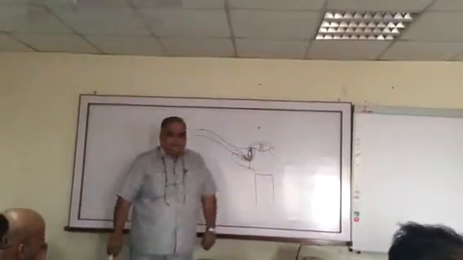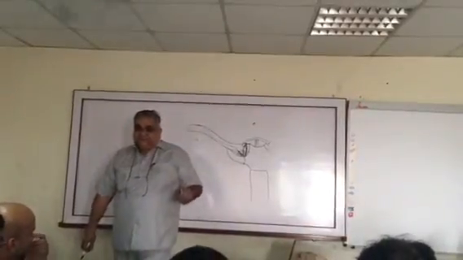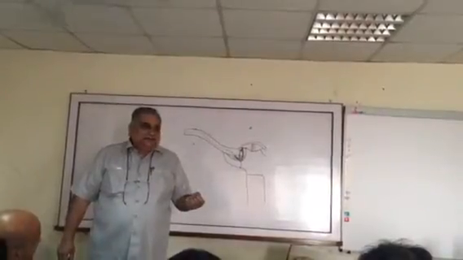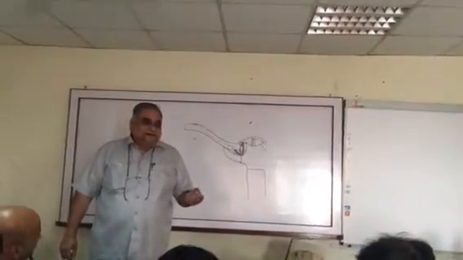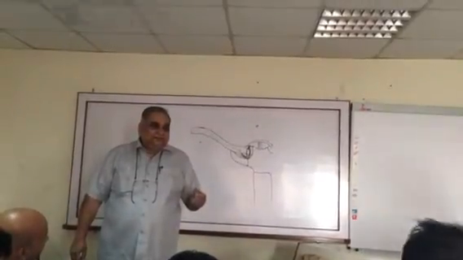So what are the attachments? The medial end: the meniscus, the capsule, the anterior and posterior sternoclavicular ligaments, costoclavicular ligaments, and the interclavicular ligaments. And you have the subclavius muscle.